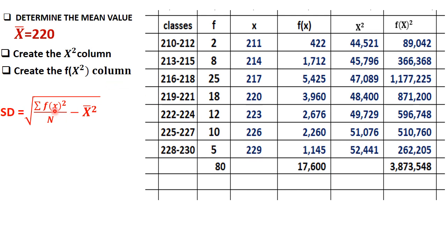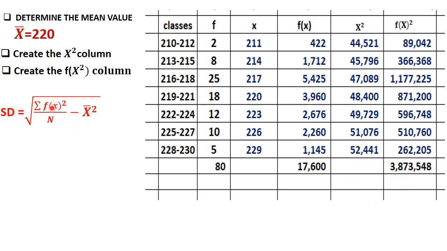We will also need an x squared. That's why we have this particular column. We'll also need an f of x. That's why we have this particular column. All right? We also need f of x squared. That's why we have the last column. So you should always know that the formula points to the kind of columns we are supposed to add. Now put these values in the formula.